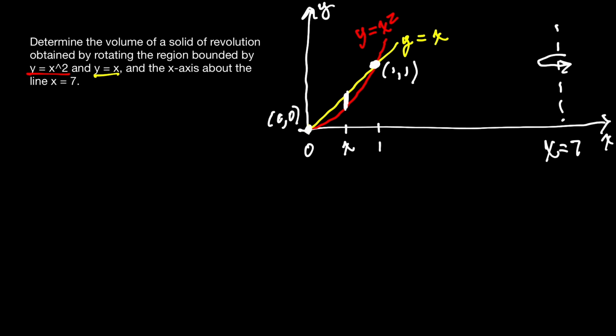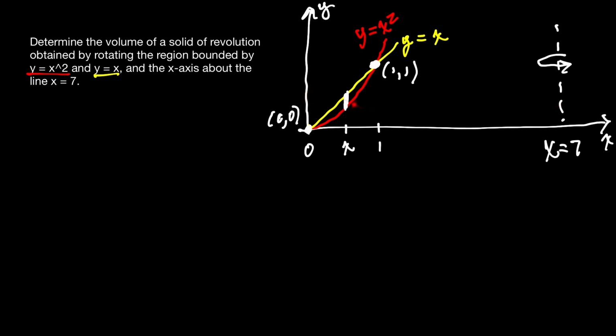So if I'm going to do this, I have to figure out what would be the radius of my shell. This is sometimes the trickiest part. But from here to where I'm rotating, how big is this radius going to be? This is going to be the edge of my cylinder that I'm building. Well, from the y-axis all the way to here is 7 units.